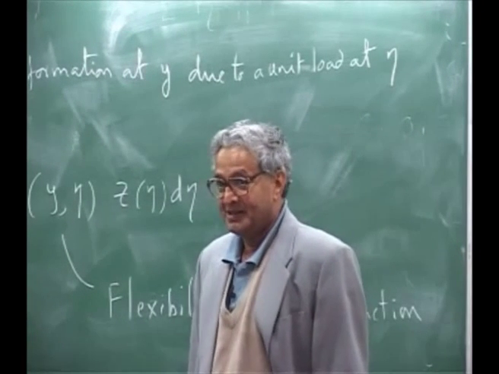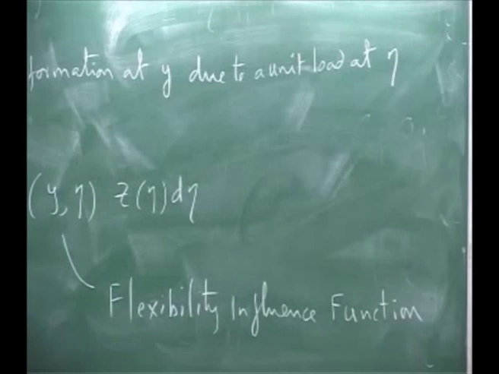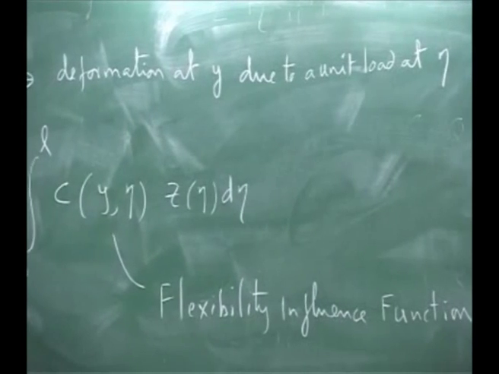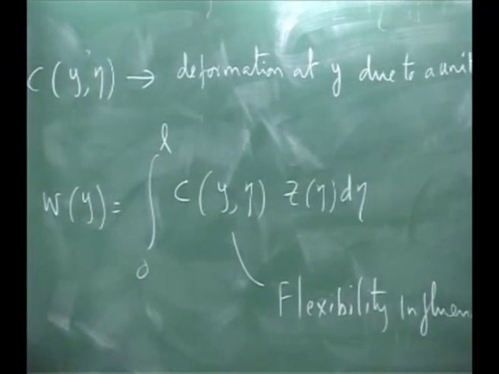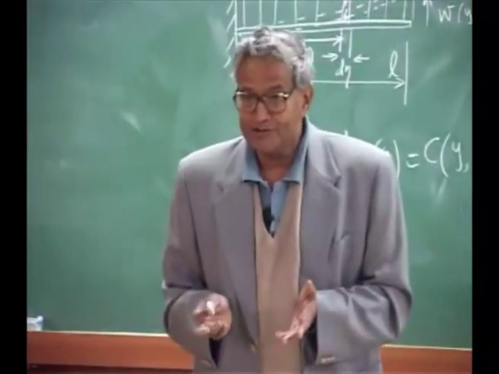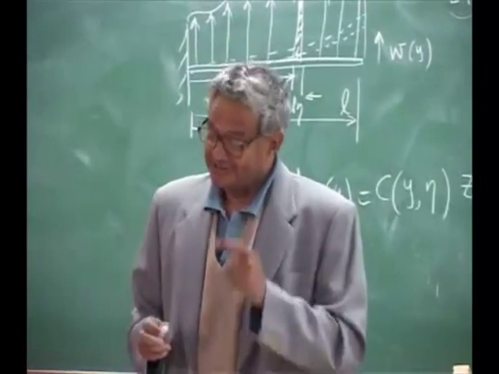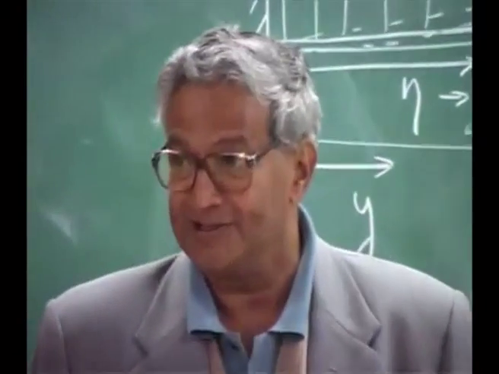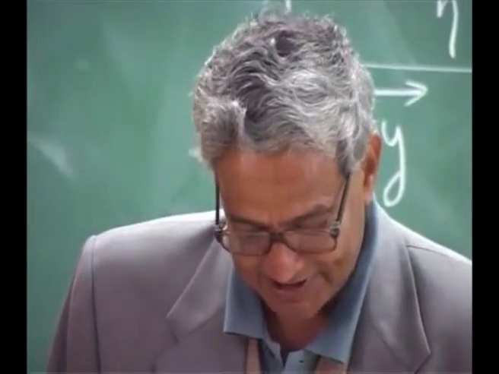Okay. Actually, if you really see, this is easy to make a measurement in experiment, because what you do is you put unit loads at several locations, simply go and measure the deflection at every point. Okay. On the other hand, the modified form is the stiffness influence function. That's difficult to formulate because it is not easy, because stiffness influence you will be writing it in this fashion.